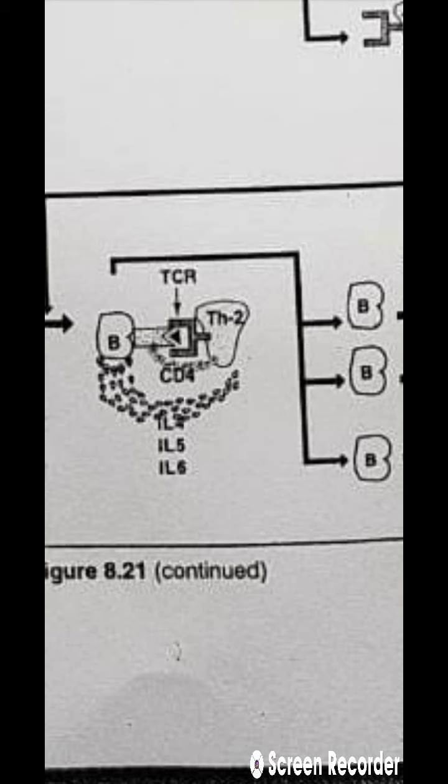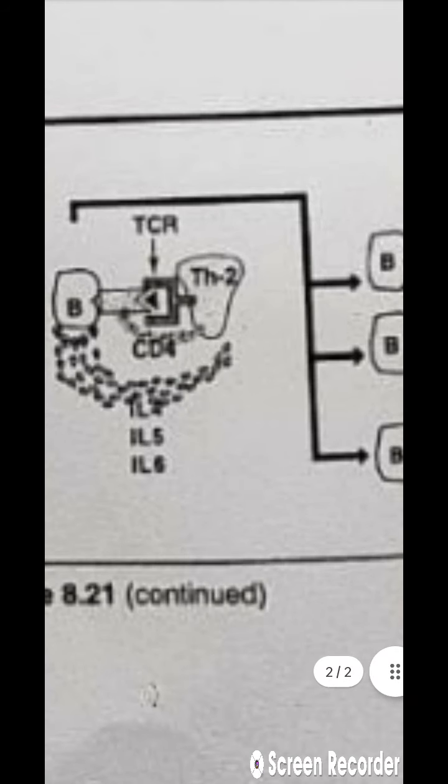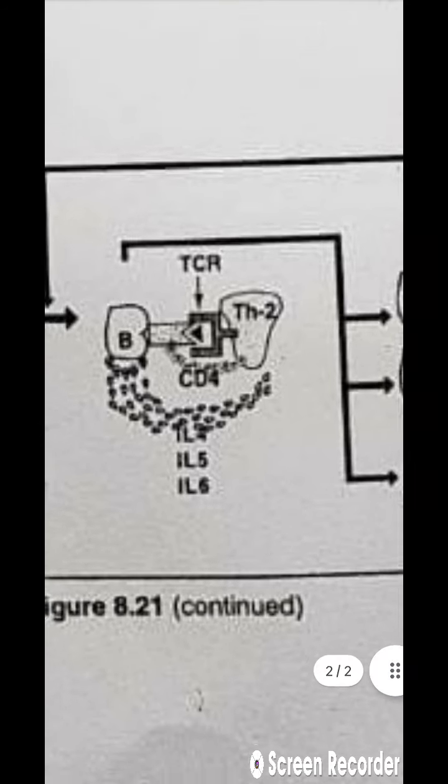Which T cell? Helper T cell. Which subtype? Subtype 2. What happens? The Th2 cell gets activated and releases cytokines. Which cytokines? Interleukin 4, 5 and 6. It acts on which cell? B cell. This Th2 cell is releasing interleukin 4, 5, 6 that activates the B cell.